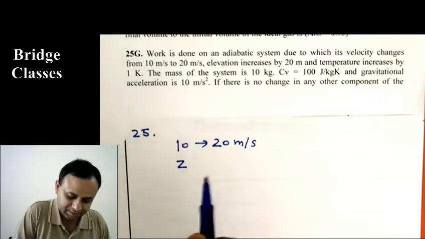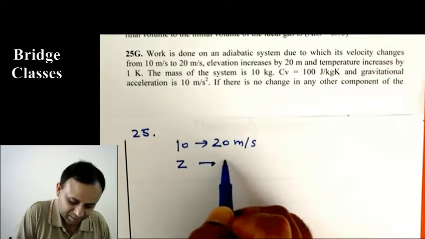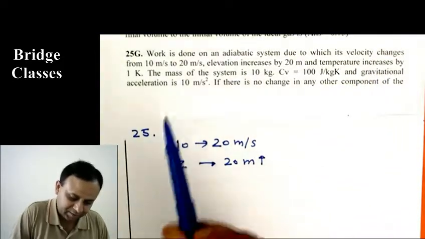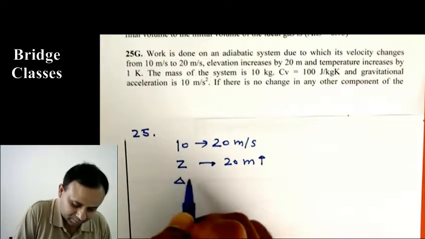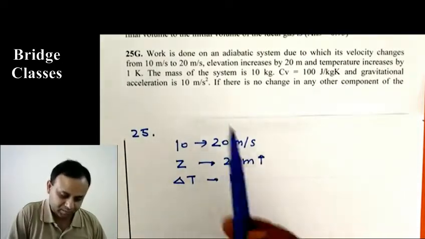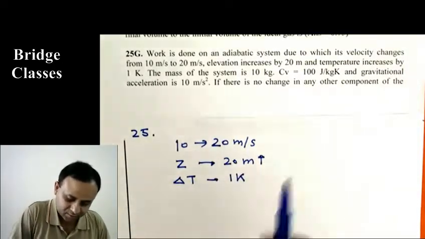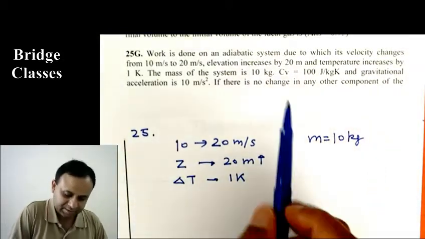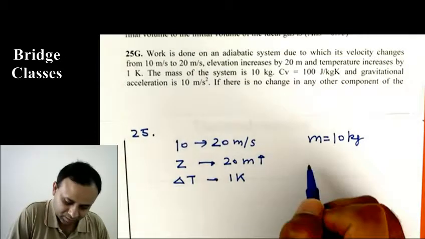So elevation we indicate as Z, so it increases by 20 meter. And temperature increases by 1 Kelvin. The change in temperature is 1 Kelvin. The mass of the system is 10 kilogram and CV is 100 joule per kilogram Kelvin.